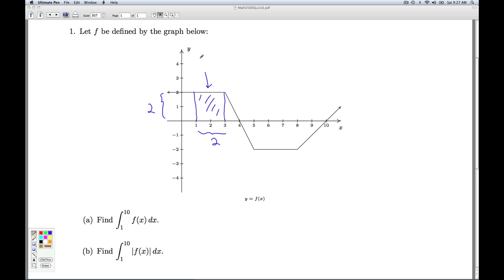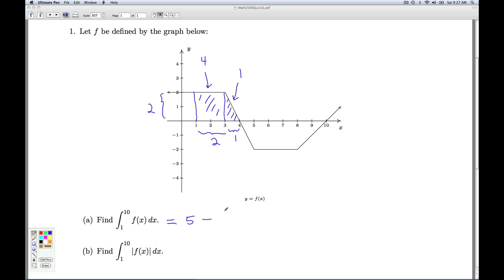The area of that portion is 4. Now I look at the region left over, and that's a triangle. It's got a base of 1 and a height of 2. The area of a triangle is 1/2 the base times the height, so that ends up being 1. So A1, the area of this portion, is 5.